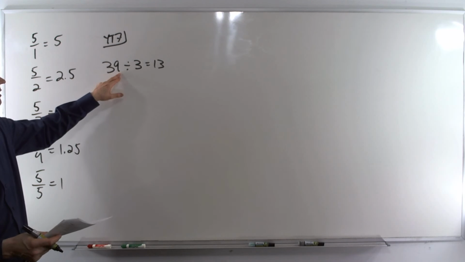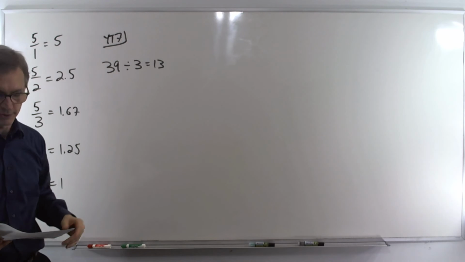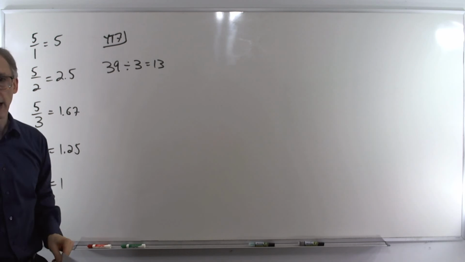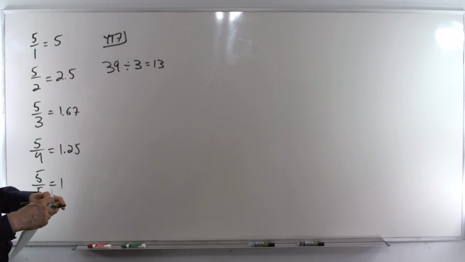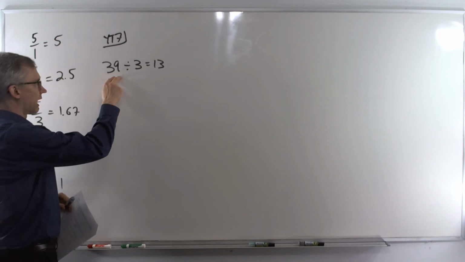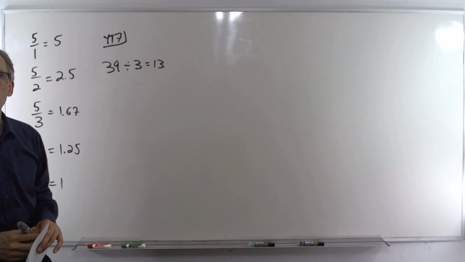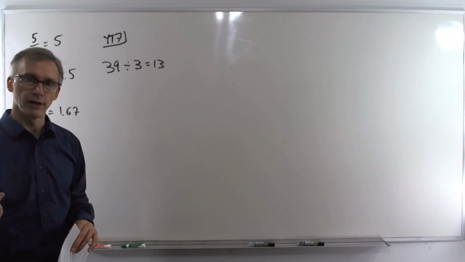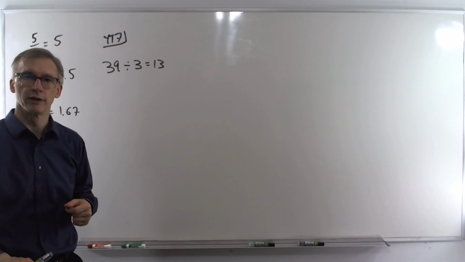So 39, the 9 is not one of those numbers, so that's an odd number. So not divisible by 2. Now, the divisibility test for dividing by 3 is really cool. You take all the digits in the number and add them together. So 9 plus 3 is 12. If 12 is divisible by 3, then the original number is also divisible by 3.